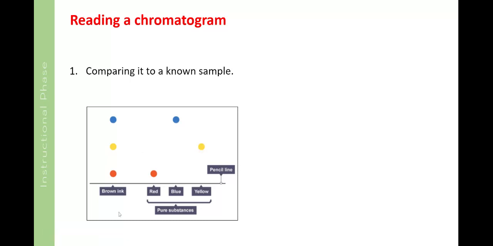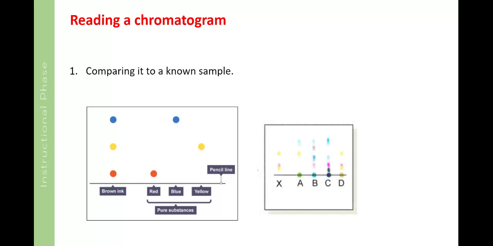Whereas we can see brown ink is a mixture of 3 different components. So actually brown is a mixture of red, yellow, and blue. Now we've looked at this picture already, we can see that X corresponds to D, they're both the same, so X must contain the pigment, which is D.